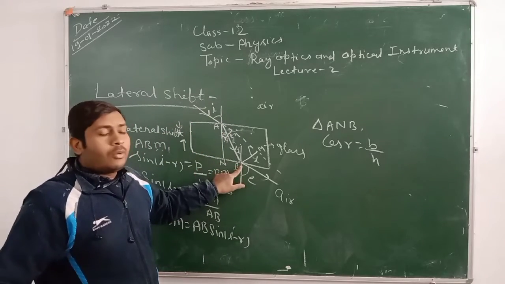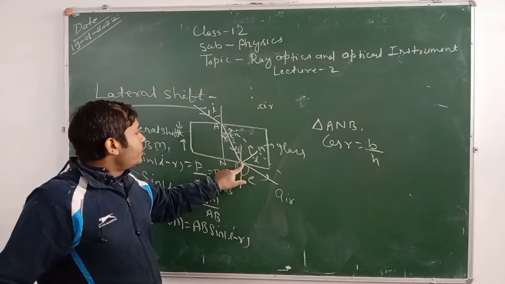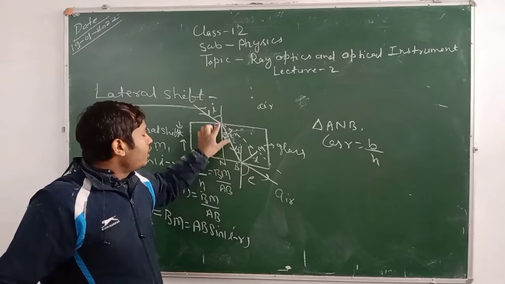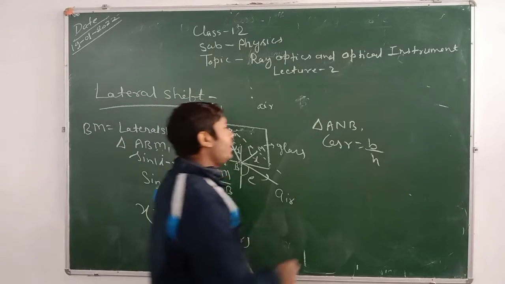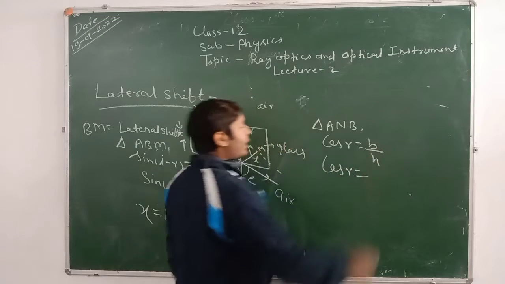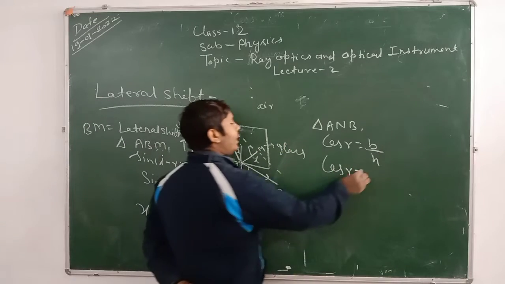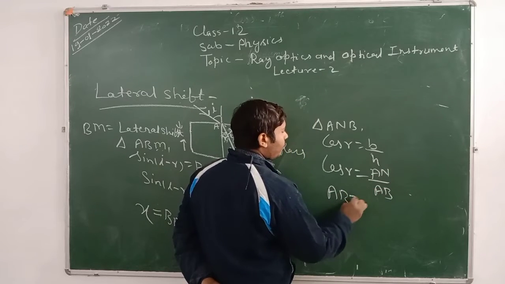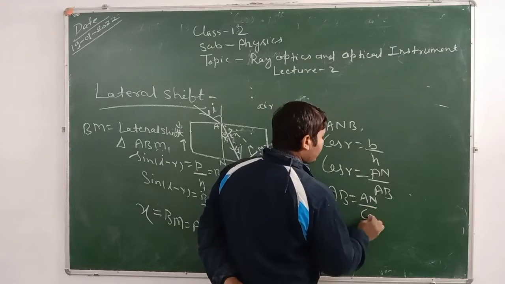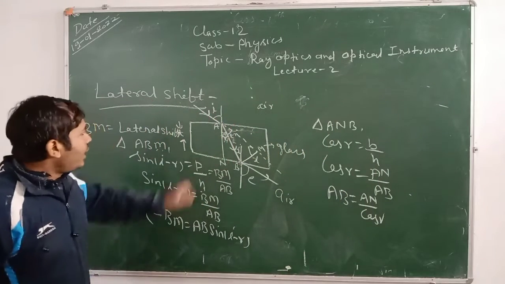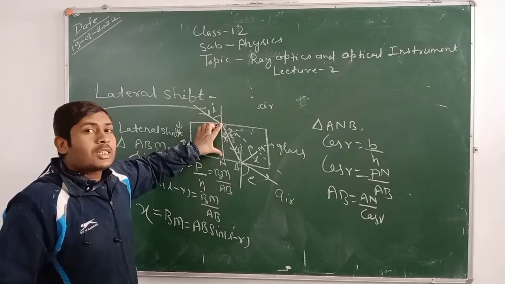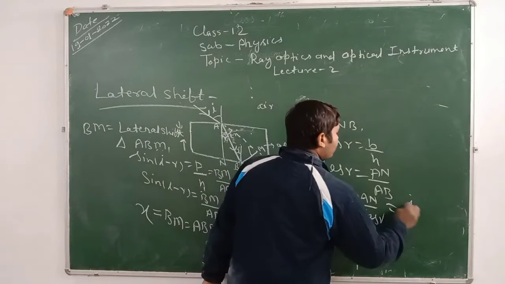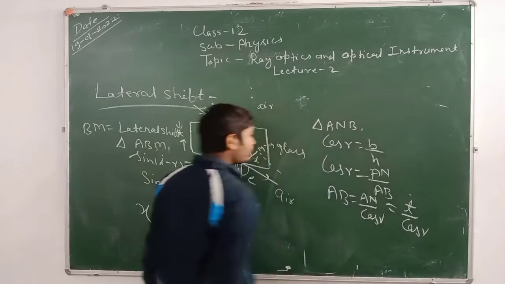So AN will be the base in triangle ABN. The value of cos R will be equal to AN upon AB. So from here AB will be equal to AN upon cos R. Since AN is the thickness of this rectangular glass slab, and we have taken the thickness as T, this will be T upon cos R.